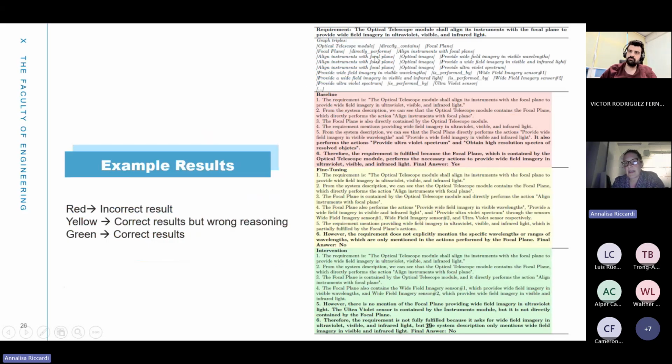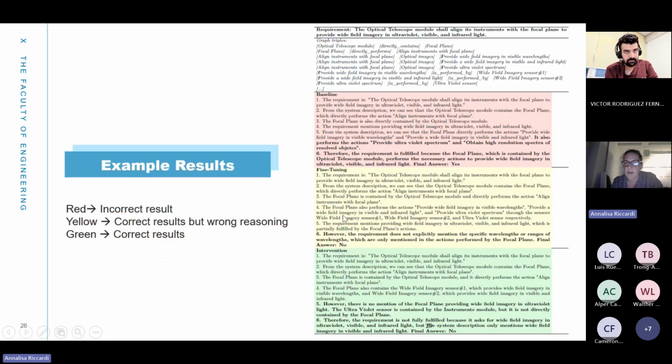We have the triplet extracted from the graph of the Hubble Space Telescope, and then we have the answer. The baseline model says that the final answer is yes, and that's wrong. Then we have the output of the fine-tuning and of our intervention. In this case, both the fine-tuned model and the intervention give the correct answer, that is no.